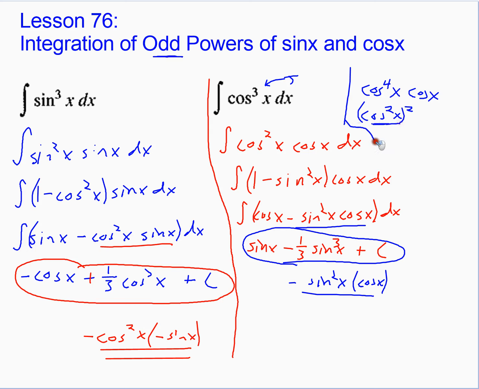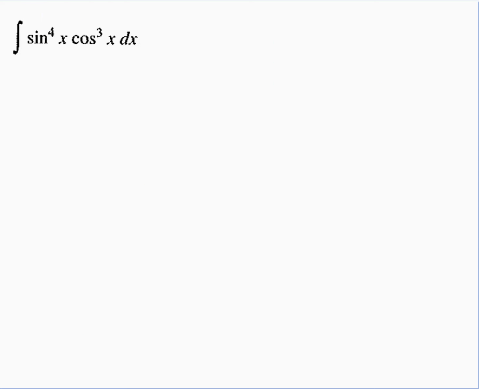And with this, now we could say, well, this is 1 minus sine squared, and we would multiply this out. So it would be 1 minus 2 sine squared x plus sine to the fourth x. And that's how that works if you get higher than 3. I think we might see one like that later.